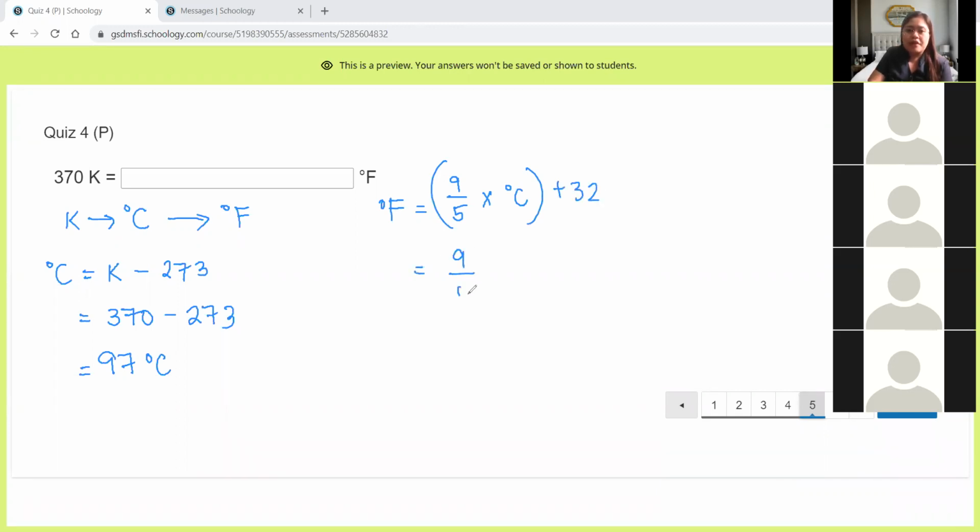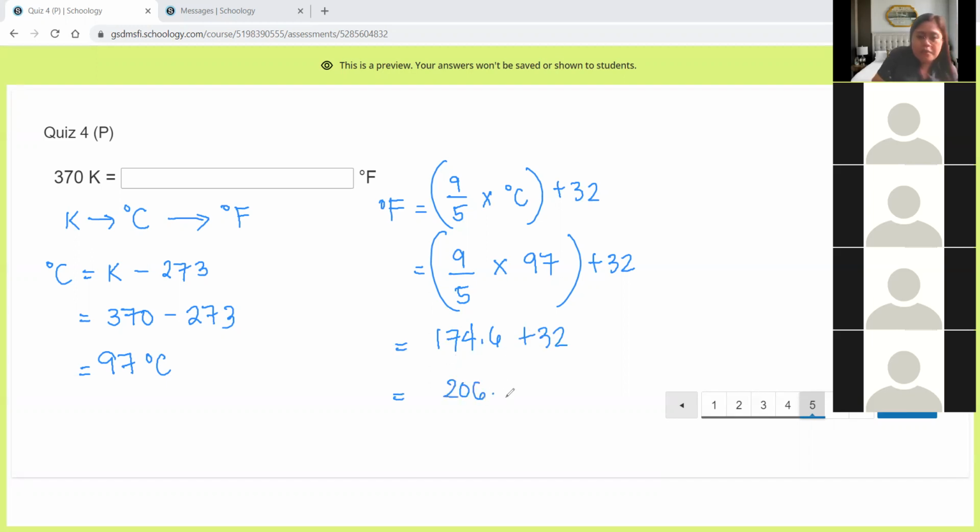So this is 9/5 times 97, that's the computed Celsius here, plus 32. 9/5 is 1.8, times 97 is 174.6, plus 32. This is 206.6. Now, how do we know if this is the final answer?